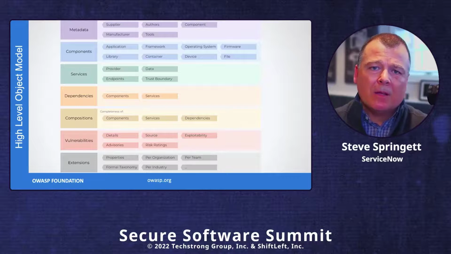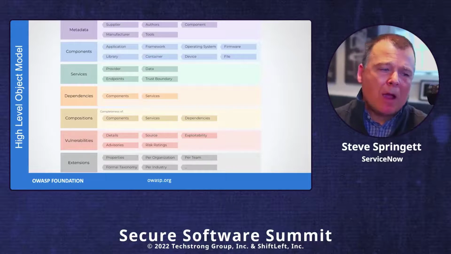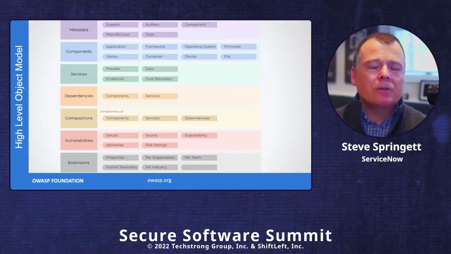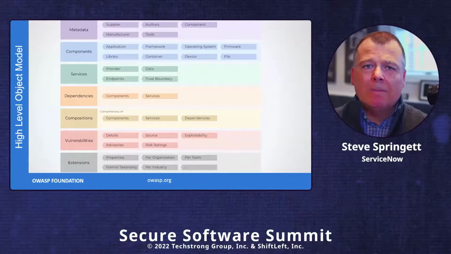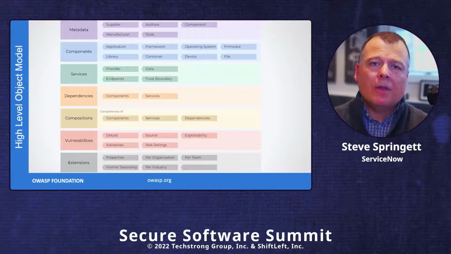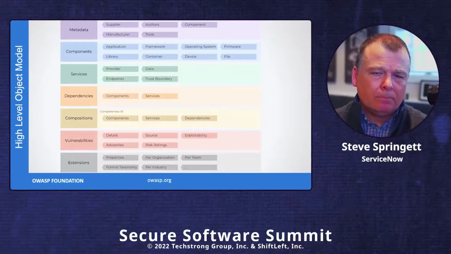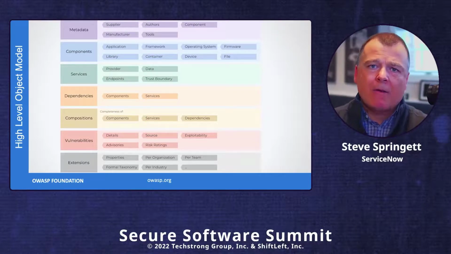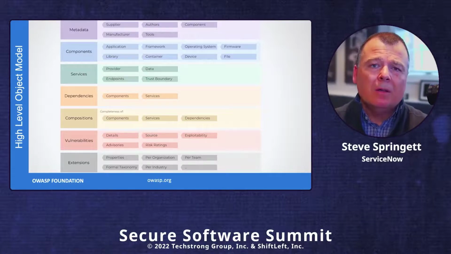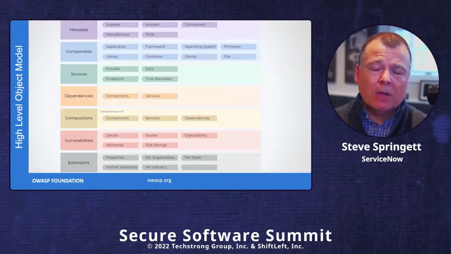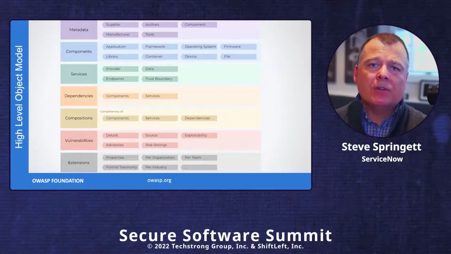It communicates to the outside world, so we can describe what those services are, who the providers are, what the data classifications and the directional flow of data, and trust boundary traversals, and any authentication requirements as well. Dependency relationships are obviously part of that, not only for the software components, but for the services as well. So if you have a component that relies on another service, you can describe that dependency relationship.